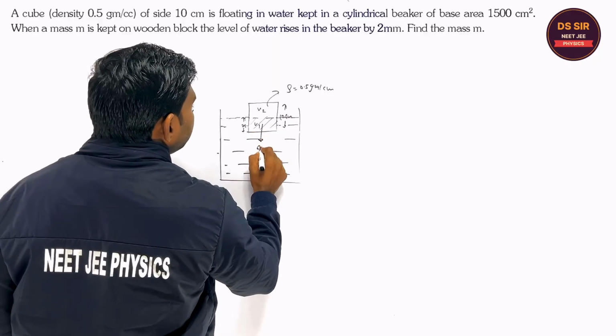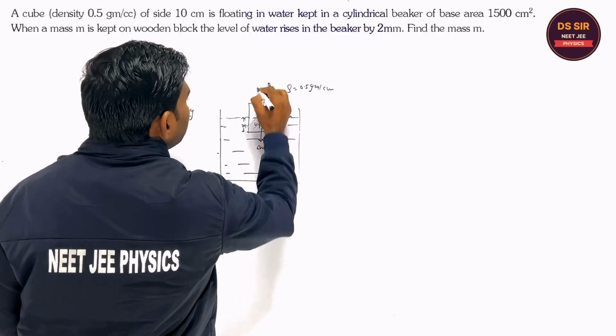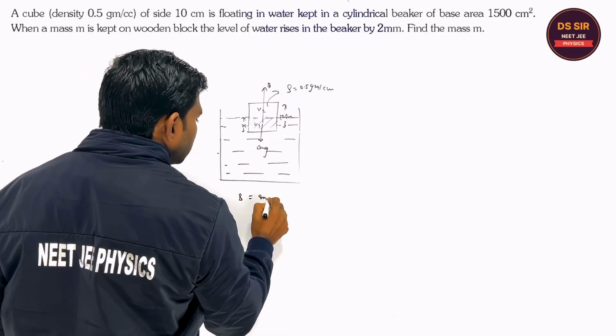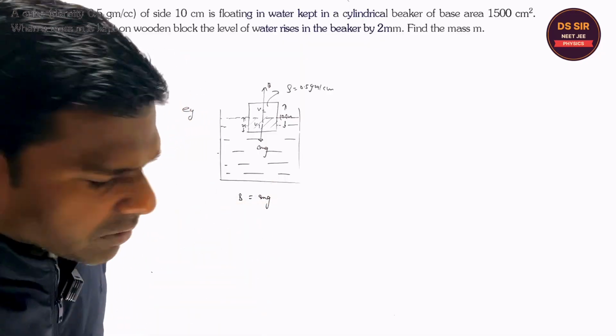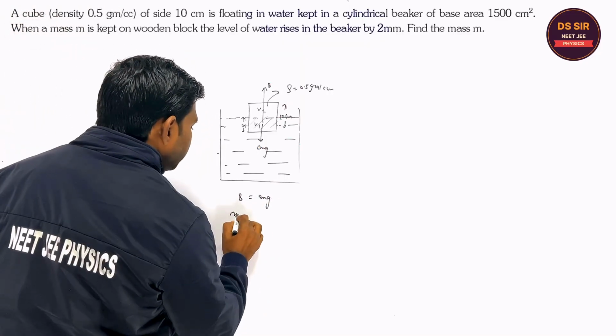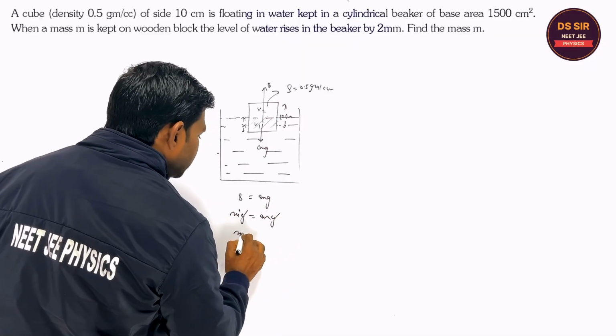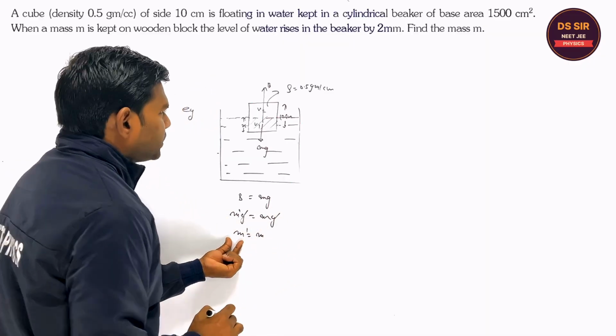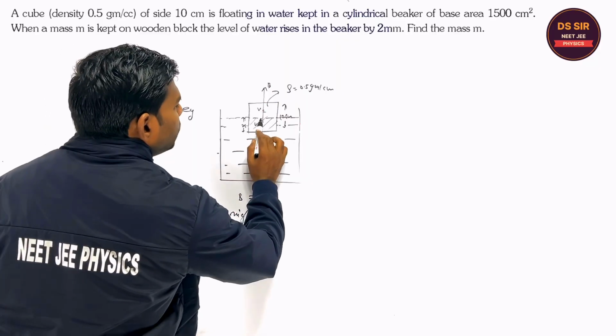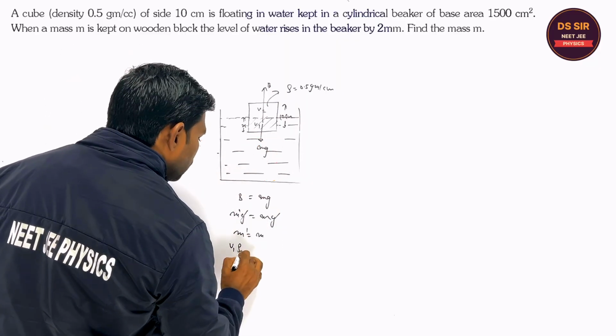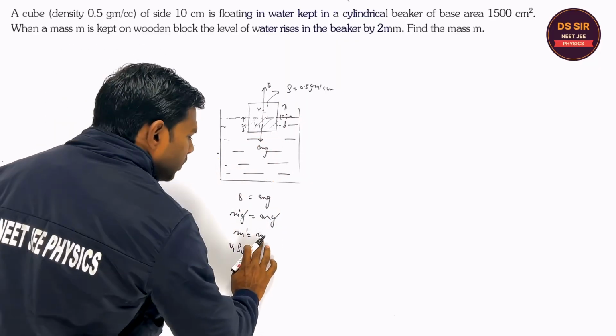If the side is 10 centimeter, can you tell me what is the portion inside it? Suppose this is V1, this is V2, right? So at equilibrium, the mg and the buoyancy force will act. So buoyancy is equal to what? Say mg. Is it clear? So buoyancy will be equal to mg, that is m' g. So m' is equal to m. What is m'? It is the mass of the liquid displaced, equal to volume into rho of water, right? And what is the mass?